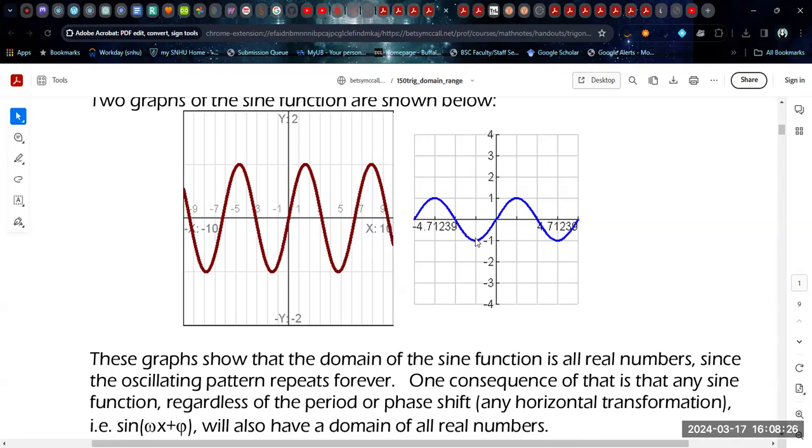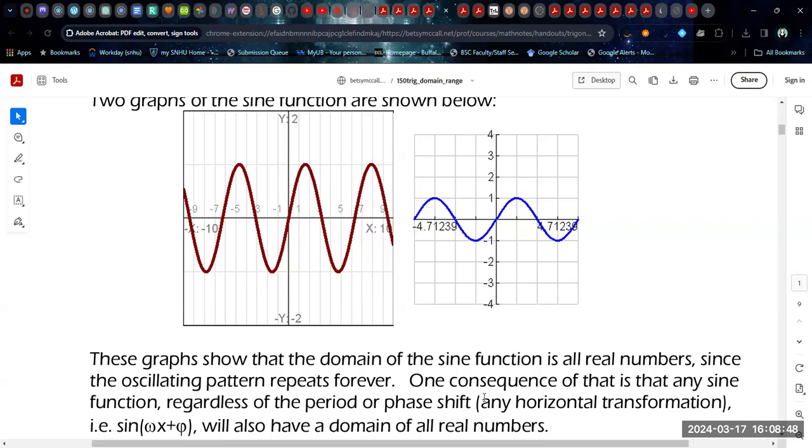So when we go to look at the inverses, we're going to have to take that into account and restrict the domain to a section of the graph where we can get all the possible values of the sine range without having to deal with repeated values.